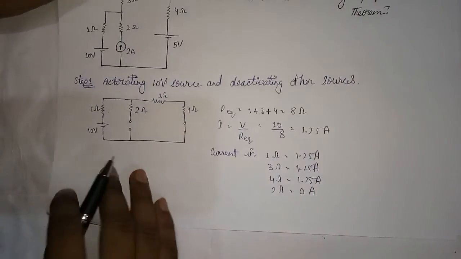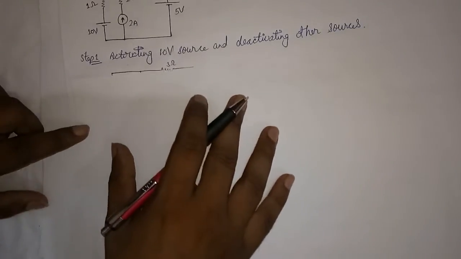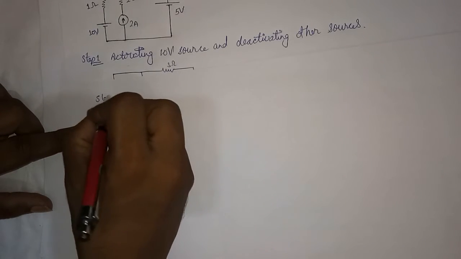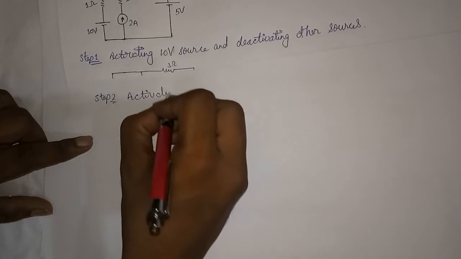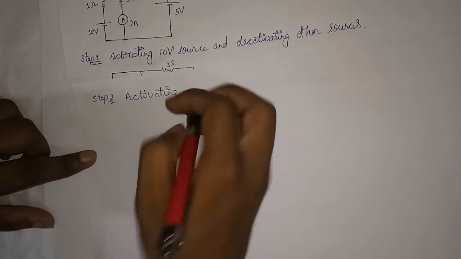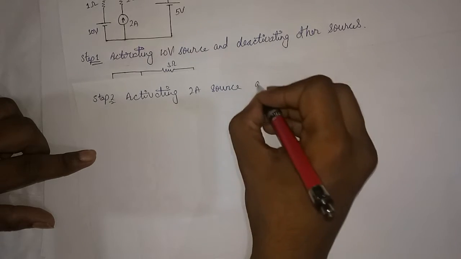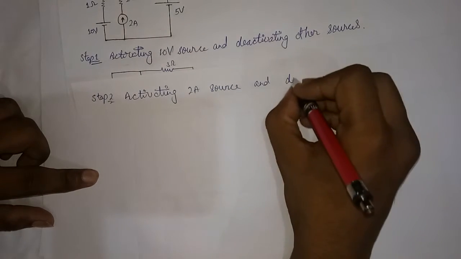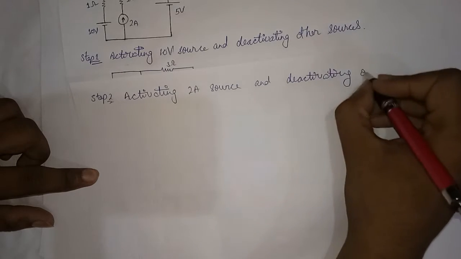Okay, now step 2, activating 2 ampere source and deactivating other sources.